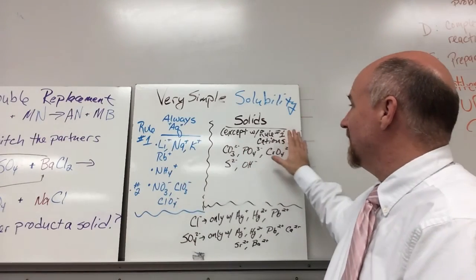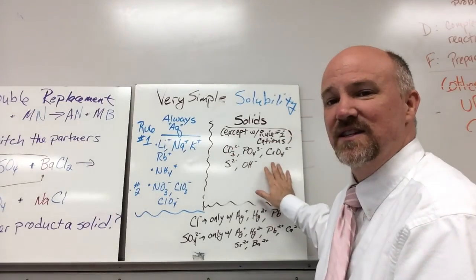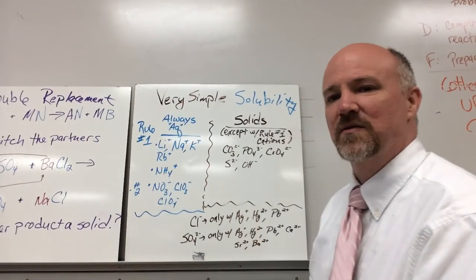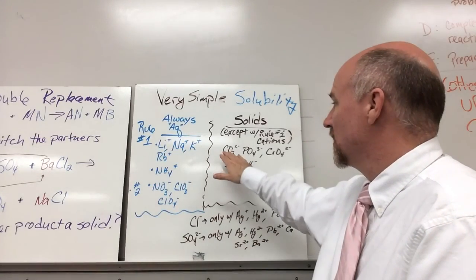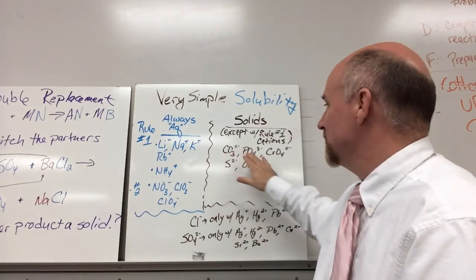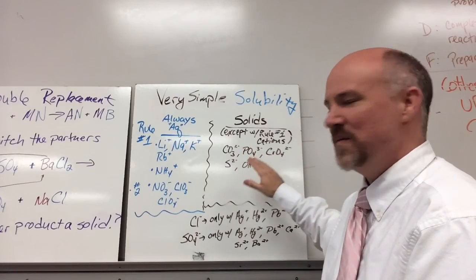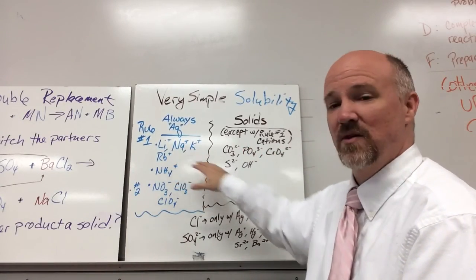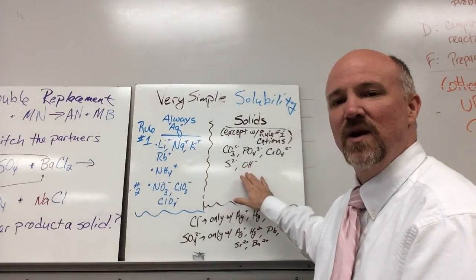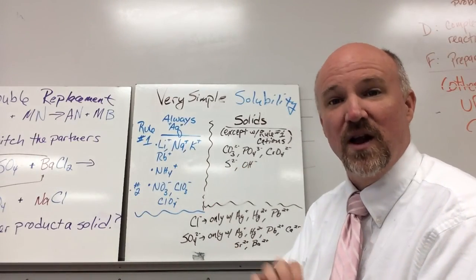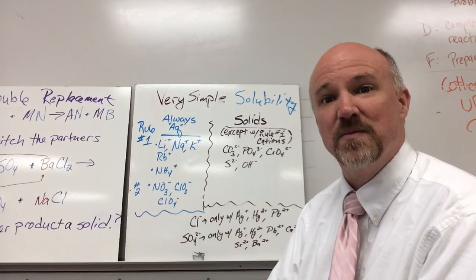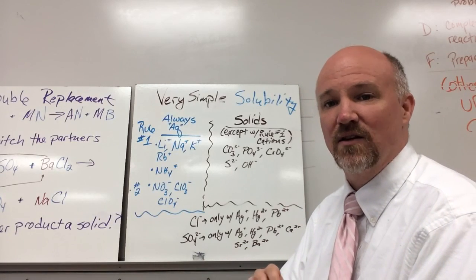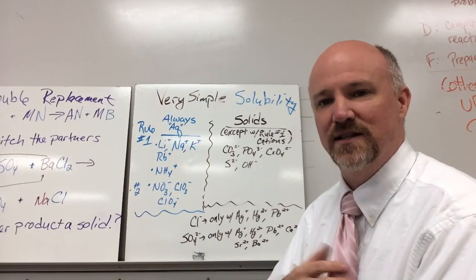Now on the other side, I've got all the things that will become solid, except when they're paired with something from over here. So carbonates, there are a few exceptions. Most phosphates, chromates, and most sulfides are insoluble, except when they're paired with this. And hydroxides as well, although there are a handful of hydroxides. We're not going to worry about them for the purposes of my course, but out there some of you may be concerned that there are some hydroxides that are slightly soluble.